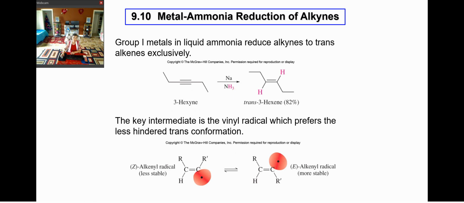Another important reaction is converting alkyne to alkene using metal ammonia reduction. If you dissolve your group 1 metal, such as sodium, in liquid ammonia, this will be a very strong base. This strong base can reduce alkyne to a trans alkene exclusively, different from your cis addition.